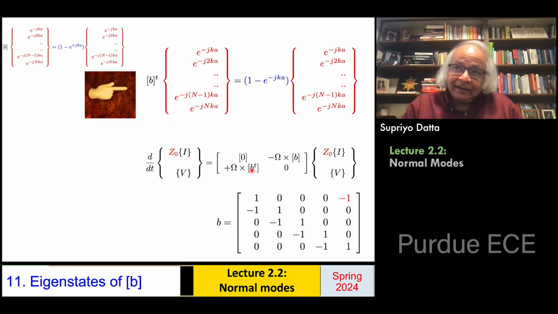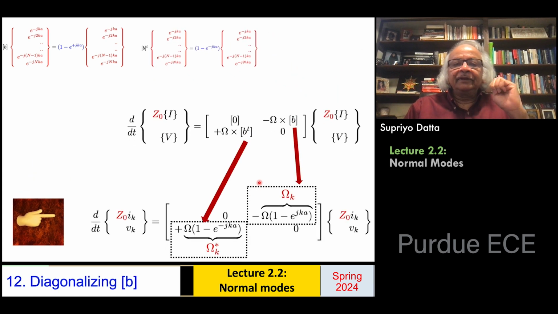The nice thing is I'm able to write this down without doing any numerics. I didn't have to go to MATLAB or Python for this. I can just write it down analytically, without doing any numerical calculations. And for any k, this would be true. And that means I can diagonalize this essentially without going to a computer.